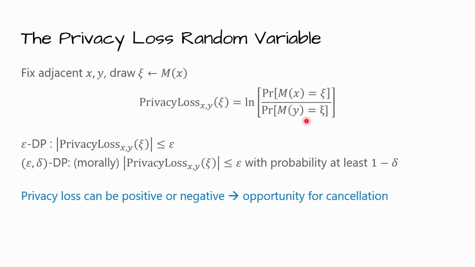Now, recall that, as we discussed yesterday, privacy loss can be either positive or negative. It's positive when we're running on X if we see a value that is more likely under X than under Y. It's negative when we are running on X if we see an outcome that is more likely under Y than it is under X. So when you have large degrees of composition, you can have cancellation, and you're very, very likely to see cancellation.